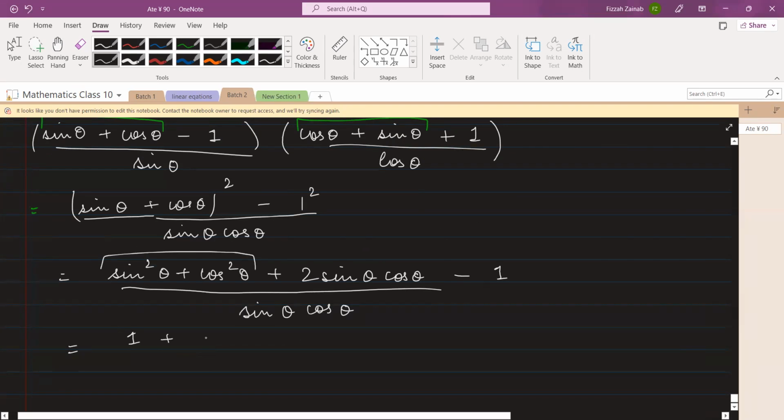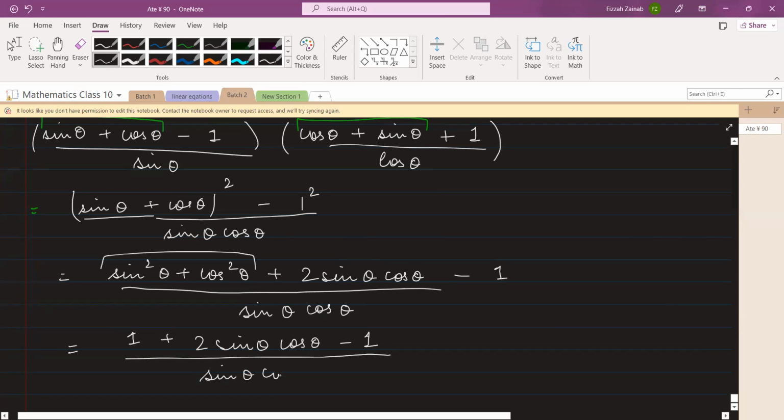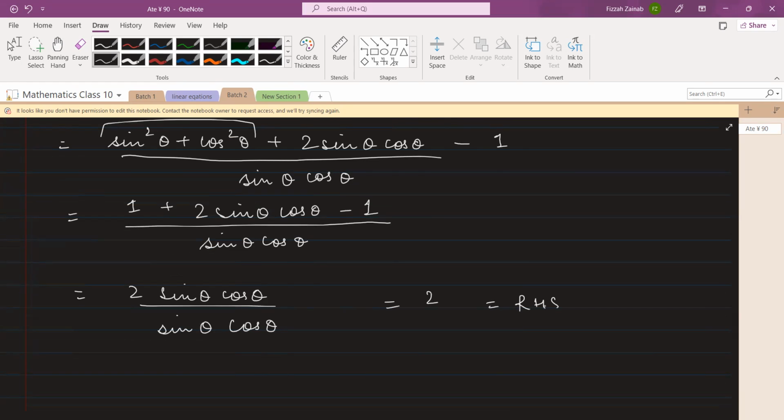So 1 plus 2 sine theta cos theta minus 1, divided by sine theta cos theta. So the 1 gets cancelled out, and you have 2 sine theta cos theta divided by sine theta cos theta, which is equal to 2, which is your RHS.